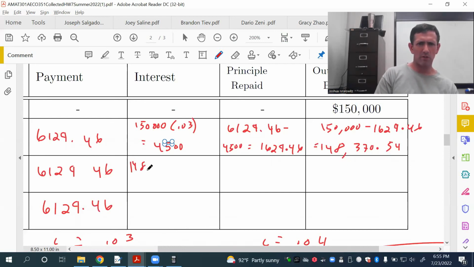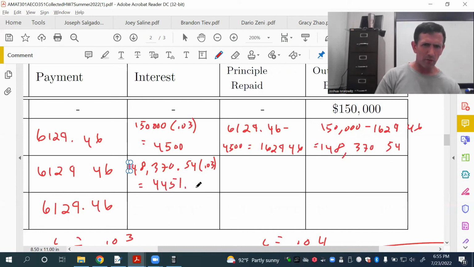So this just accrues 3% interest on this new outstanding balance, 148,370.54. So this is going to be 4,451.12.